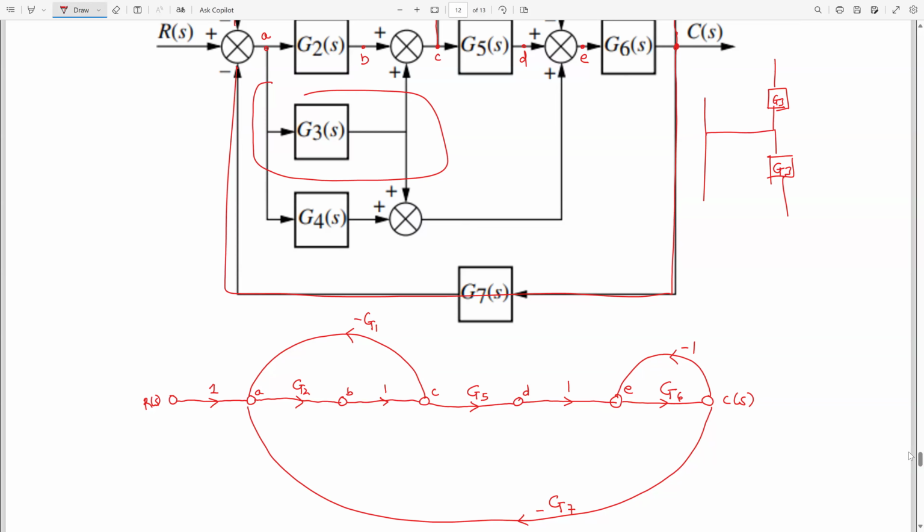And this will go down to G4, the summing junction, and so keep it, and then you have this just as a sketch.